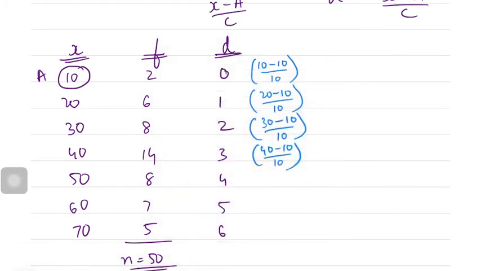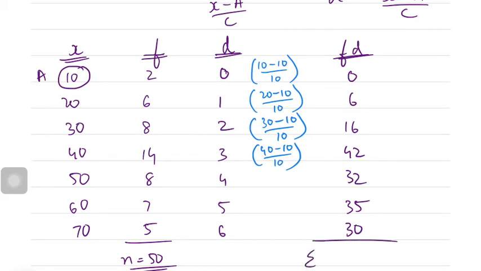Now the next column will be FD. F into D: 2 into 0, 0; 6 into 1, 6; 8 into 2, 16; 14 into 3, 42; 8 into 4, 32; 7 into 5, 35; 5 into 6, 30.